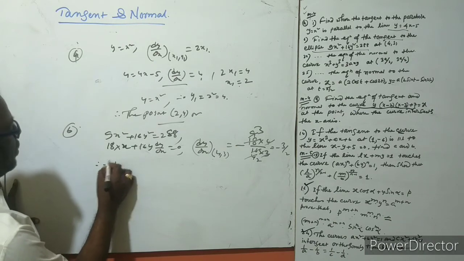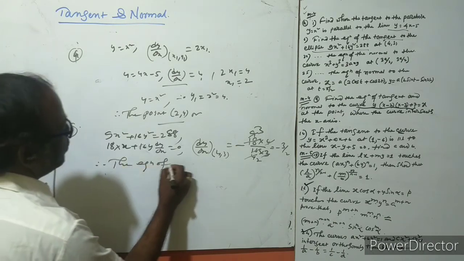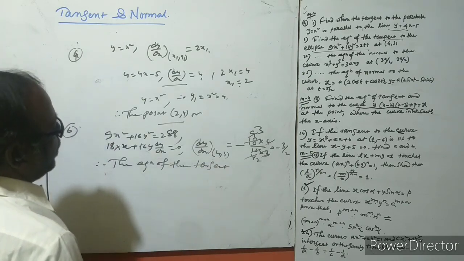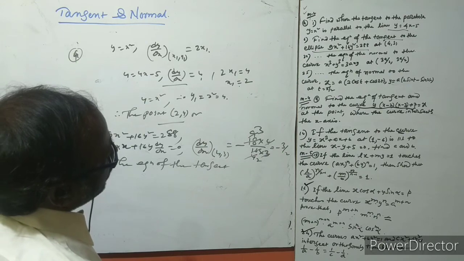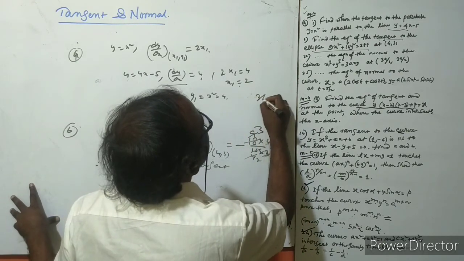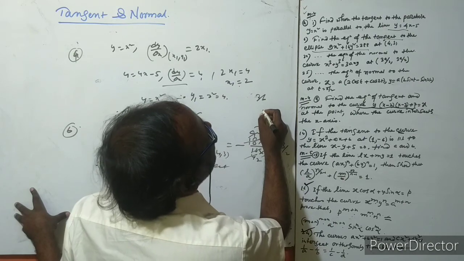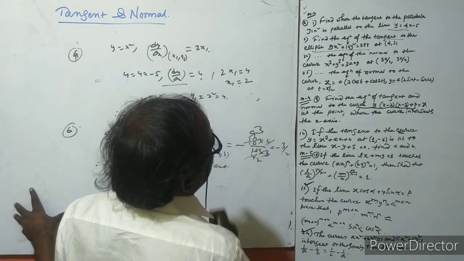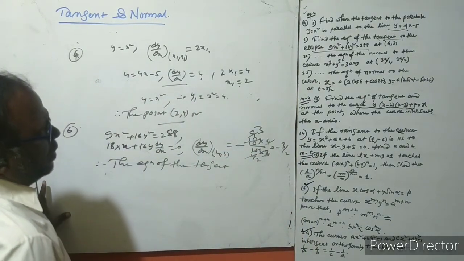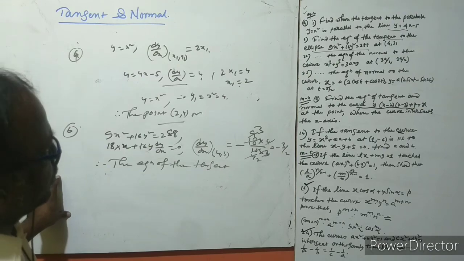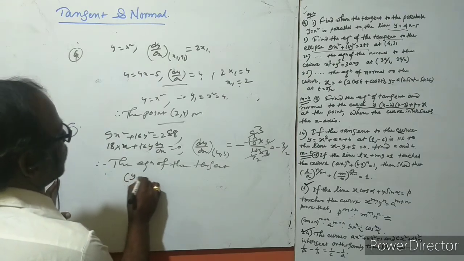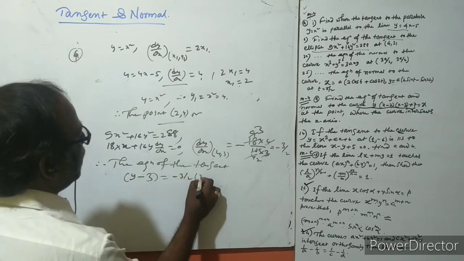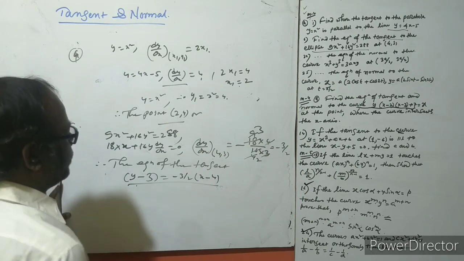Therefore the equation of the tangent to the curve: y minus y1, which is 3, and the slope is minus 3 by 2, times (x minus 4).